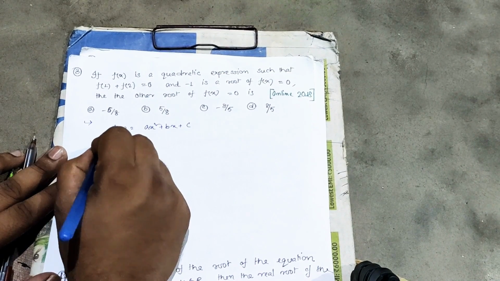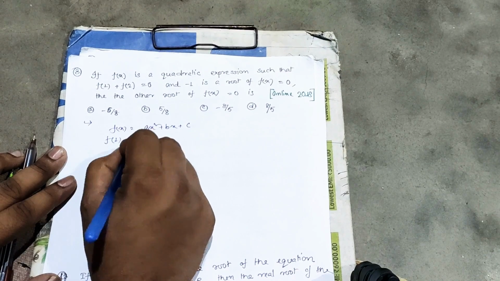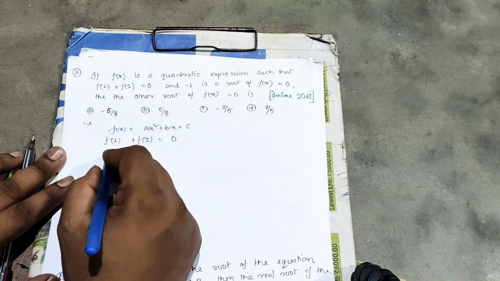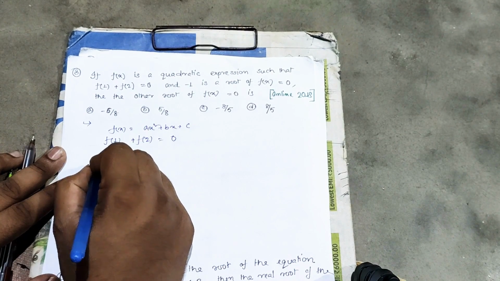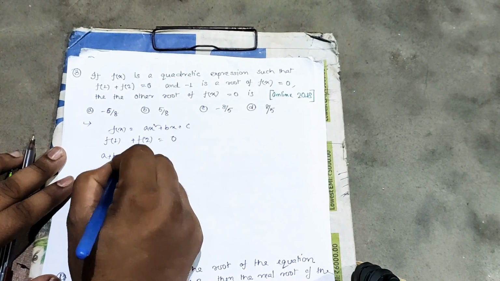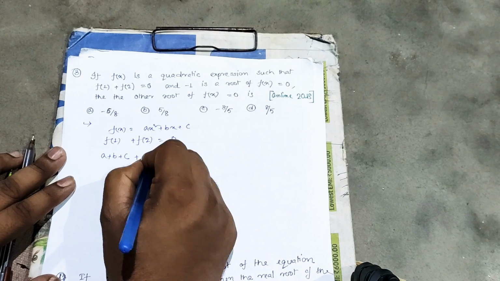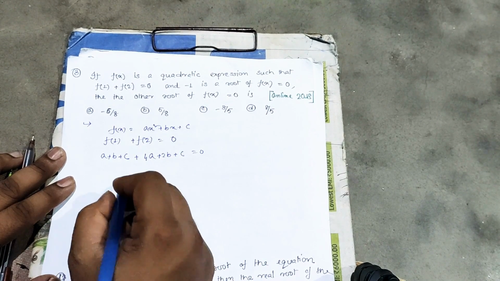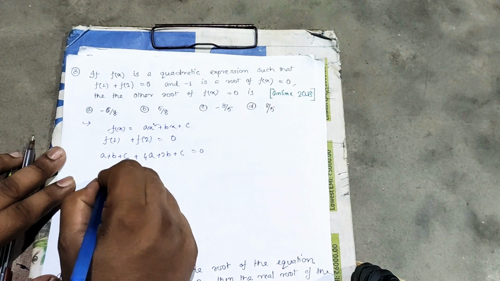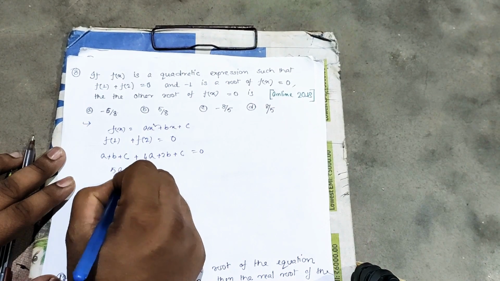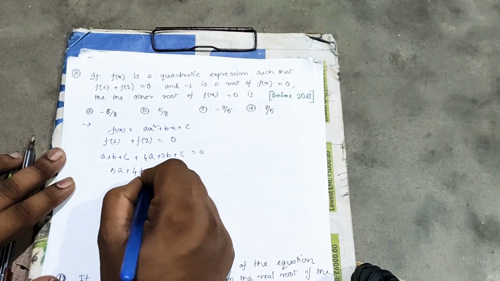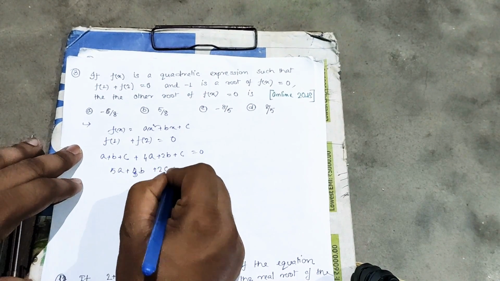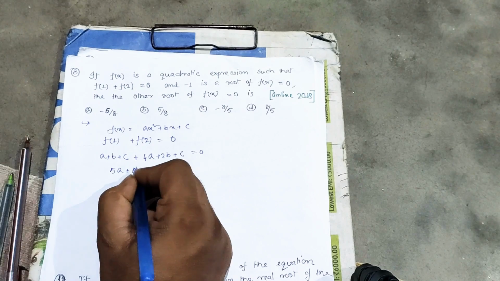We have given that f of 1 plus f of 2 equals to 0. So it will be a plus b plus c plus 4a plus 2b plus c equals to 0, which will be further solved to 5a plus 3b plus 2c equals to 0.